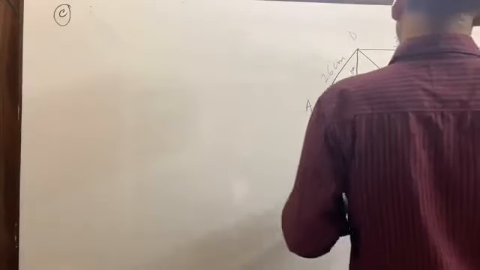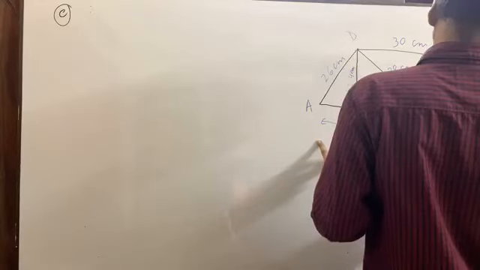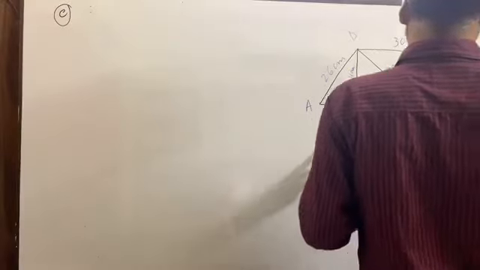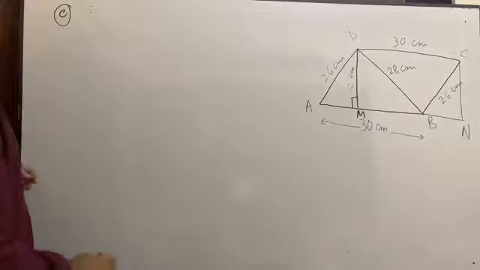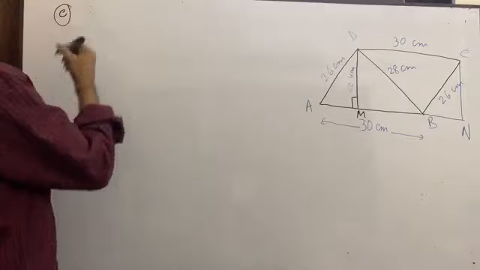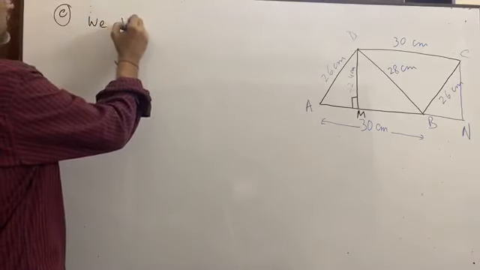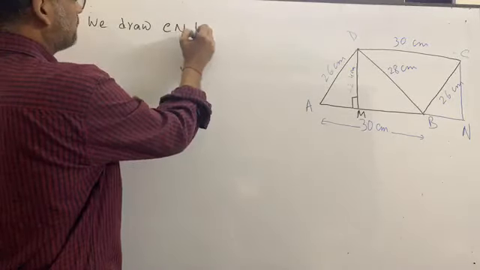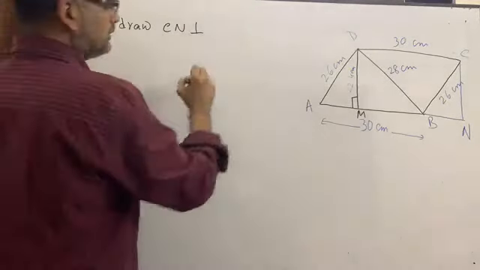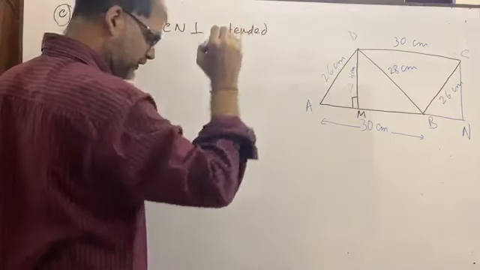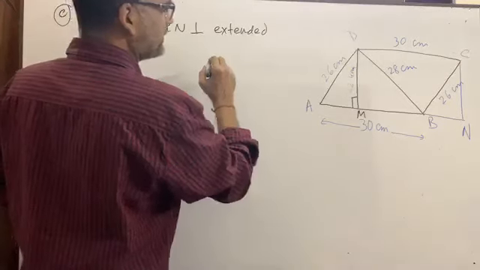If we extend, you see, write down, we draw CN perpendicular to extended AB.